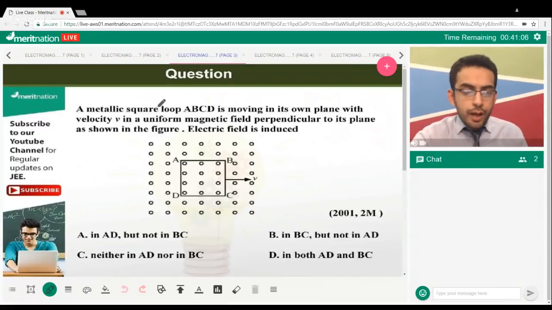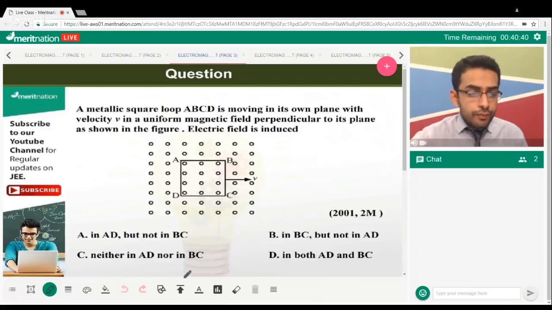A metallic square loop ABCD is moving in its own plane with velocity v in a uniform magnetic field perpendicular to its plane as shown in the figure. Electric field is induced. Do you remember the electric field?